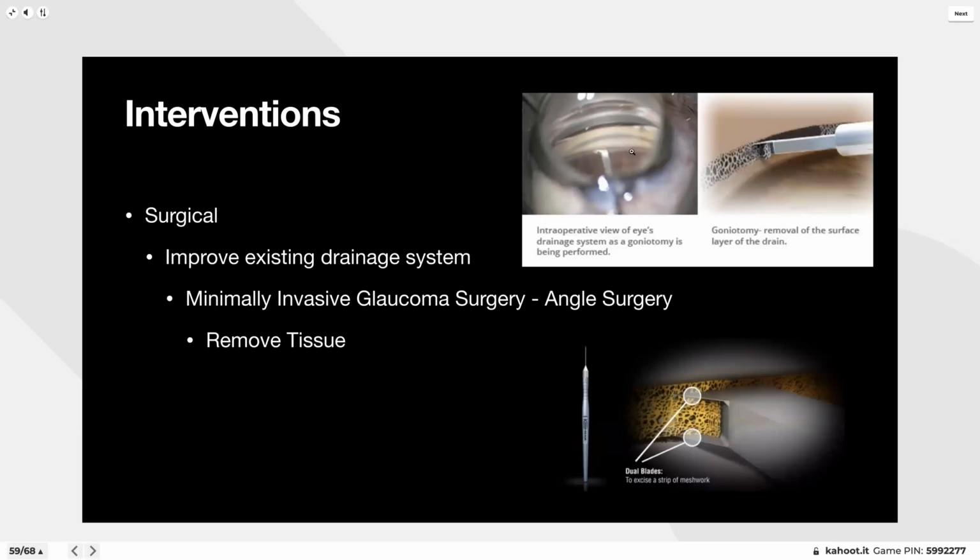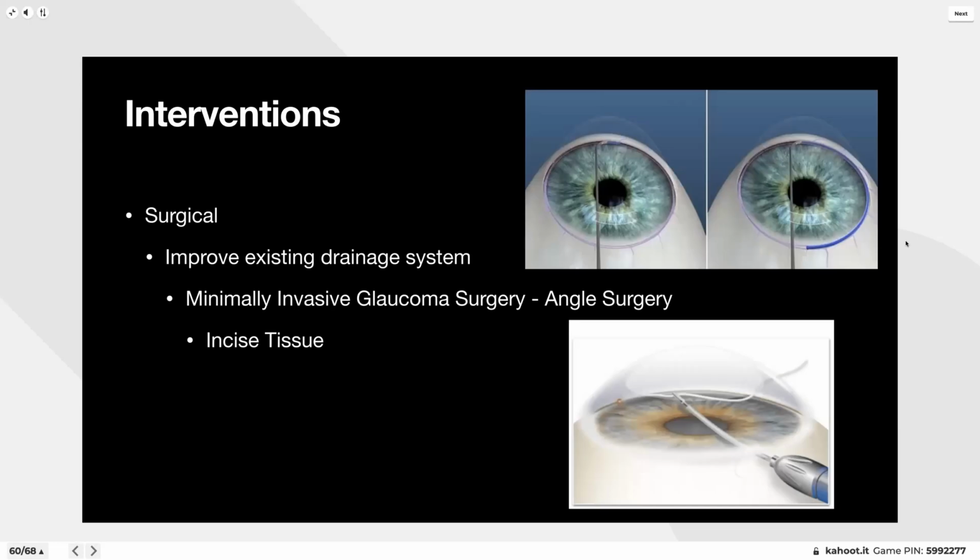So we see some pictures here of the iridocorneal angle when we're in surgery, and we actually remove the tissue. That's called goniectomies, or removing tissues. And the mainstay treatment of that is what's called the Kahook Dual Blade. It's a little blade here that allows us to actually remove the tissue. And that allows the fluid to be drained a bit more easily directly into the collector channels.